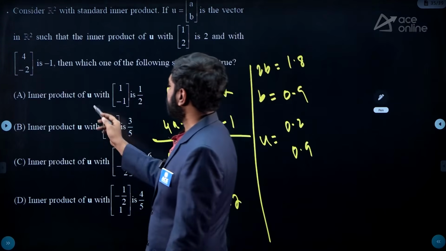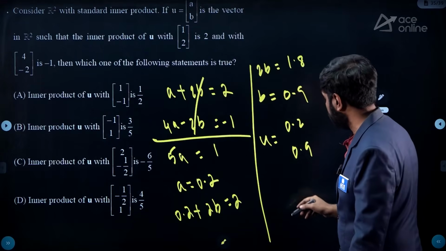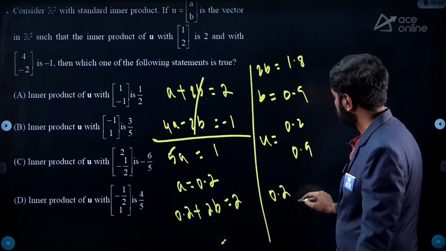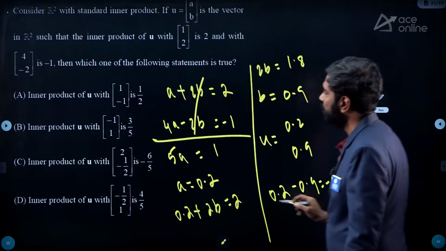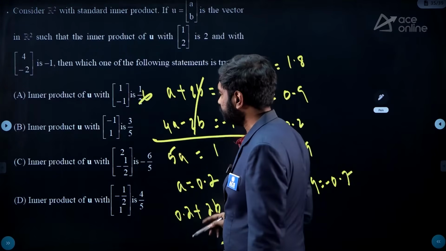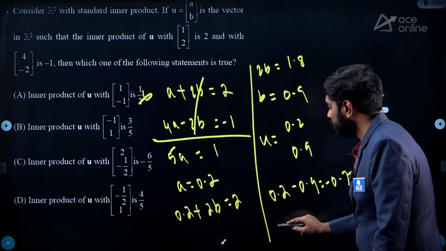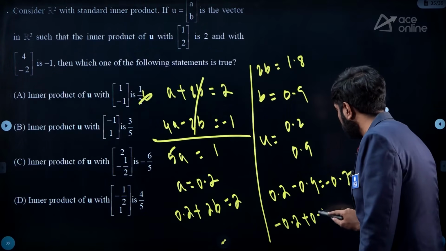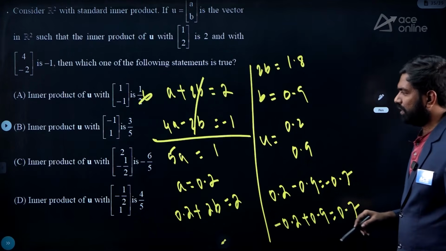What is the inner product of U with (1, minus 1)? It is 0.2 minus 0.9, which is minus 0.7. This doesn't work. It is MCQ, only one answer is going to be right. For the second option, if I take the inner product, it is minus 0.2 plus 0.9, which is 0.7. 3 by 5 is 0.6. This doesn't work.